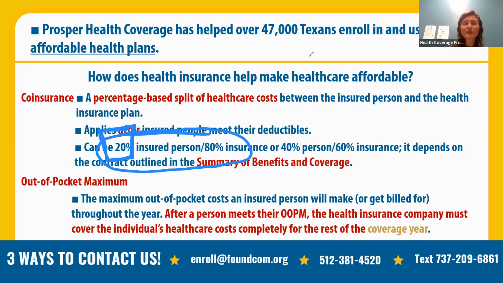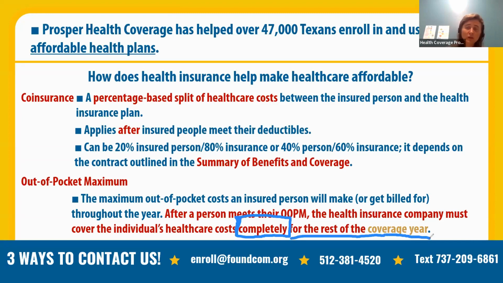But as soon as the bills that people get reach their out-of-pocket maximum, whether it's $2,000, $6,000, or $9,000, whatever the out-of-pocket maximum is, the health insurance company, as long as it's a qualified health plan, has to cover that individual's health care for the rest of the year completely at 100% cost sharing. So 100% cost sharing means that health insurance company is covering 100% of that person's medical care for the rest of the coverage year. And then when the new coverage year starts, the amount starts over. So you go back to zero.